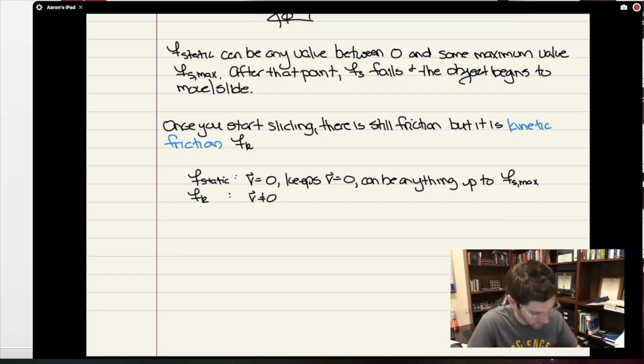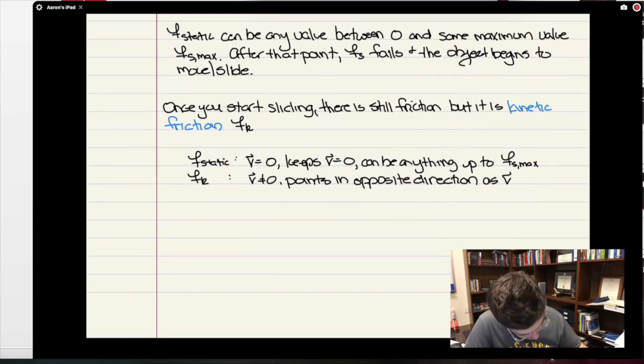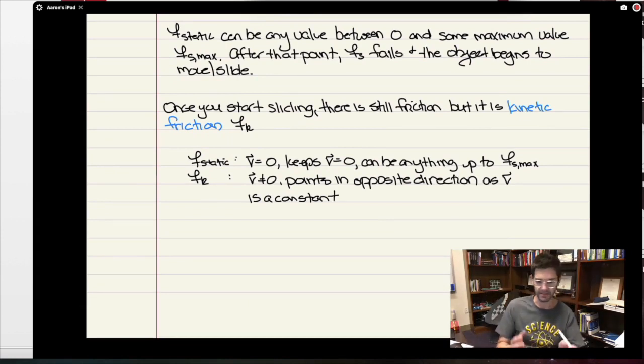There has to be motion for kinetic friction. It points in the opposite direction as v and is a constant, in the sense that it's not variable like the static friction force can be.